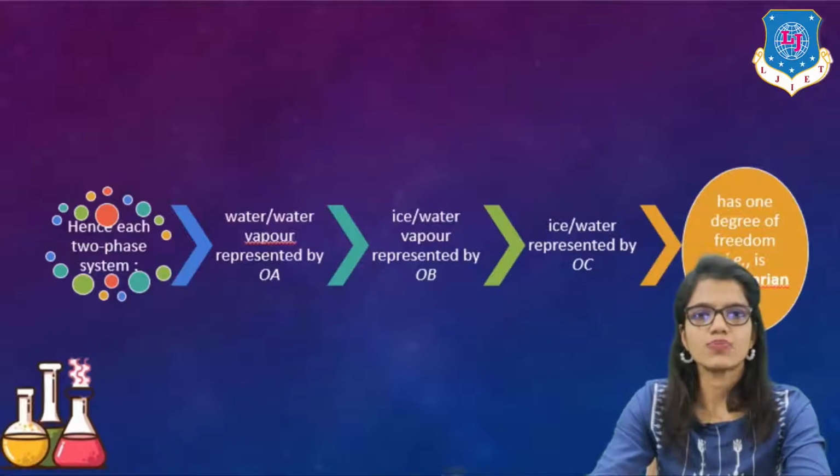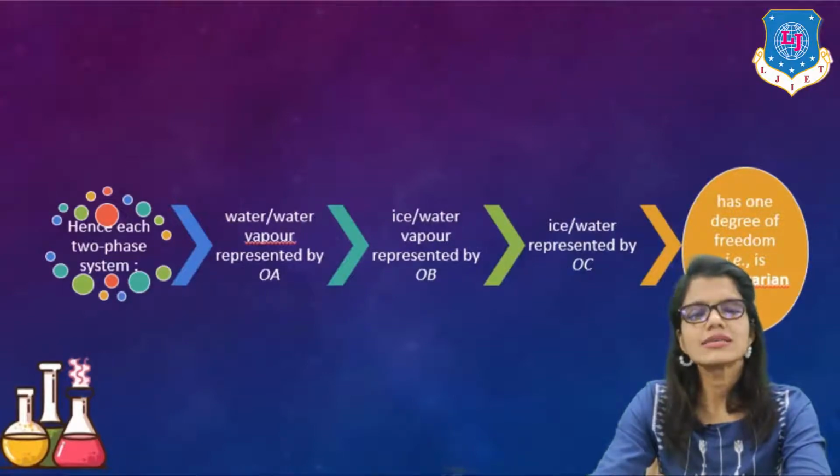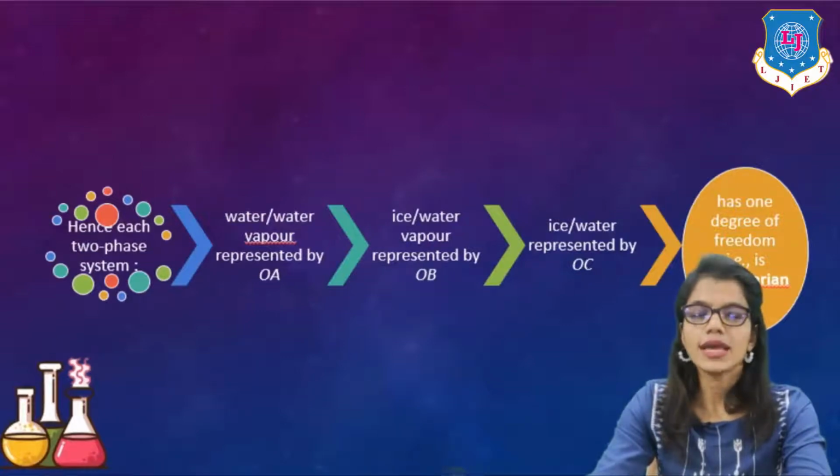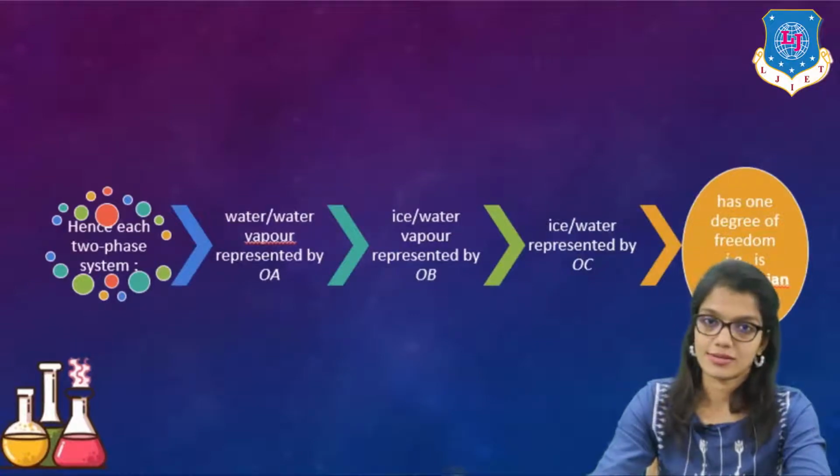As we have seen, for the curves OA, OB and OC, OA represents the water-vapor curve, OB represents ice and water vapor, while OC represents ice in contact with water. These are two-phase systems and they have 1 degree of freedom. Because of it, they are known as monovariant systems.